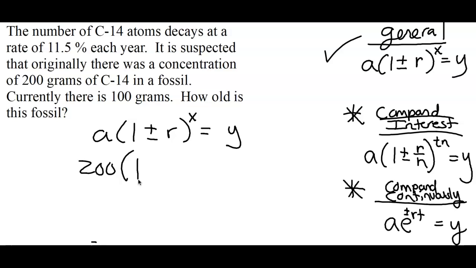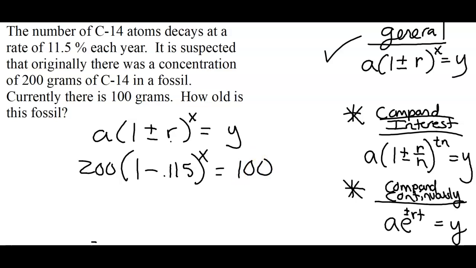Starting amount is 200. Carlos, plus or minus? Good, because it's a decaying problem. What goes here? 0.115. Good. Kevin, last number?